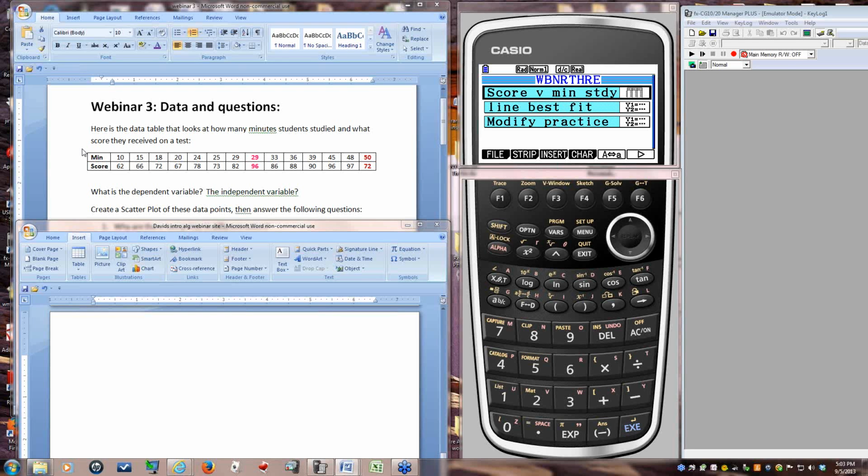And that's actually what we're going to do when I go in and show you how I set up the emulator to get to the things I'm going to show you. So for right now, for the first graph that we're going to look at, the dependent variable is score, the independent variable is time. And again, that's probably the more common.